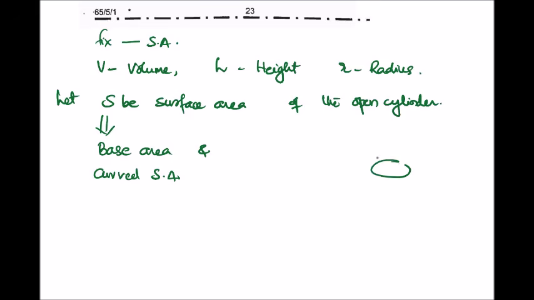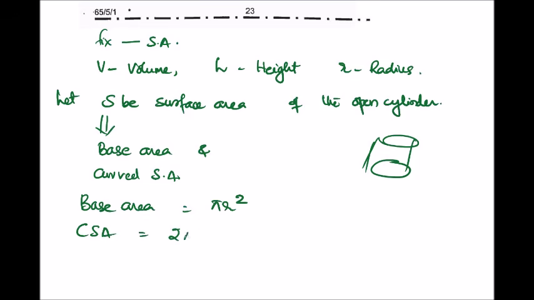In a cylindrical shape, the base area is a circle. So base area is equal to pi r square. And curved surface area, that's also we know 2 pi r h. Hence we can write S is equal to pi r square plus 2 pi r h.